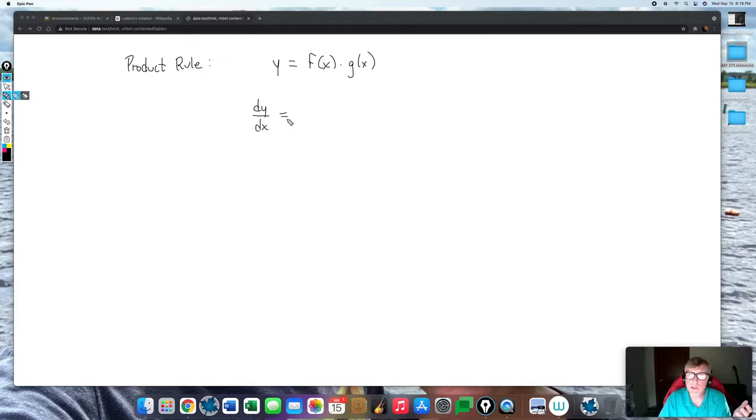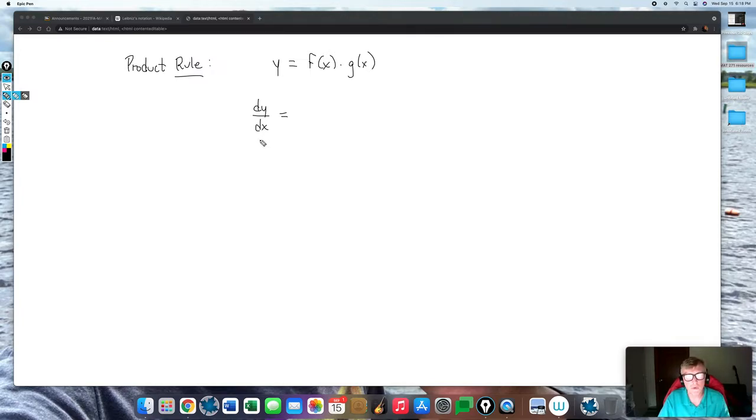And by the way, the second derivative is the derivative of the derivative, if you want to scoot to the end of the video to see more about that. That's something we'll talk about in a little bit. But here's the way that the derivative of a product works. There's a rule involved. This is a rule, so write this down, commit it to memory. You're going to need this throughout your calculus courses.